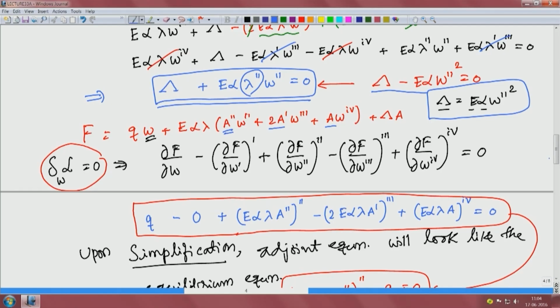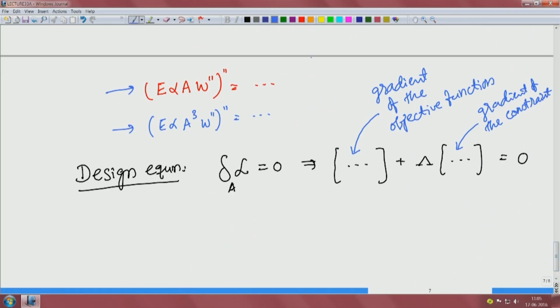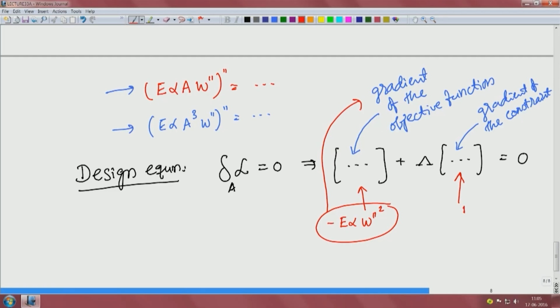If I now plug that in here for that problem, this is E alpha W double prime square with a minus sign, and this is 1, right. That means that this is the gradient of the objective function. Objective function here is the mean compliance, integral of QW.